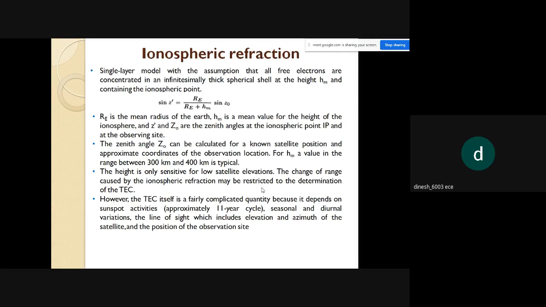However, the TEC itself is a fairly complicated quantity because it depends upon sunspot activities also, which is an approximately 11-year cycle. That depends upon seasonal and diurnal variations, and the azimuth angle of the satellite and the position of the observation site. Depending upon all this, the ionospheric refraction will occur.